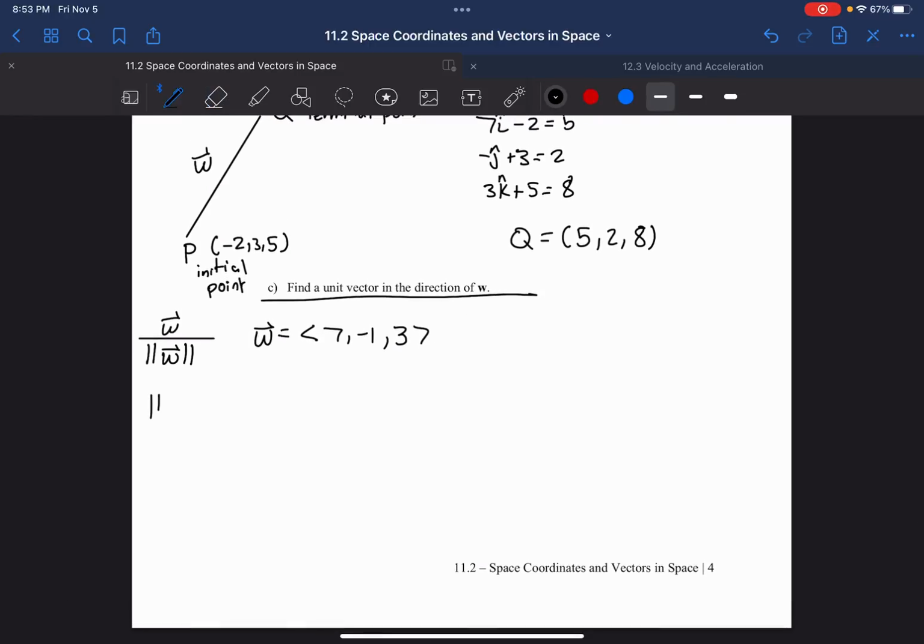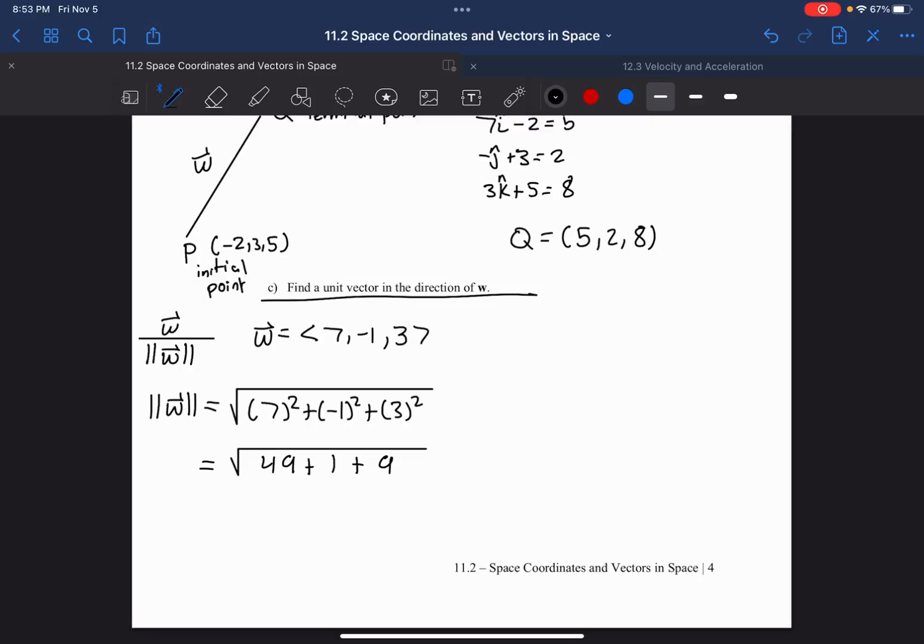So the magnitude of W would be the square root of 7 squared plus (-1) squared plus 3 squared, which equals the square root of 49 plus 1 plus 9, which is the square root of 59.